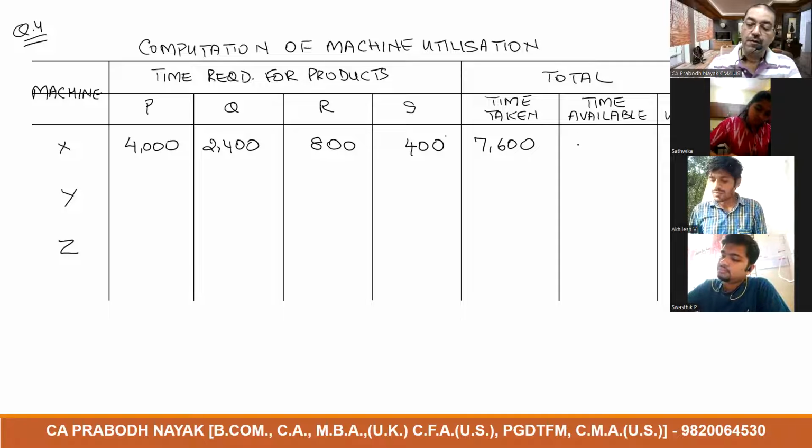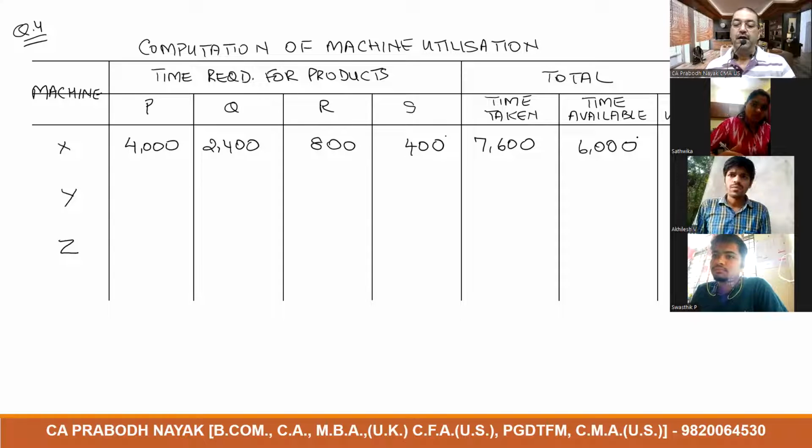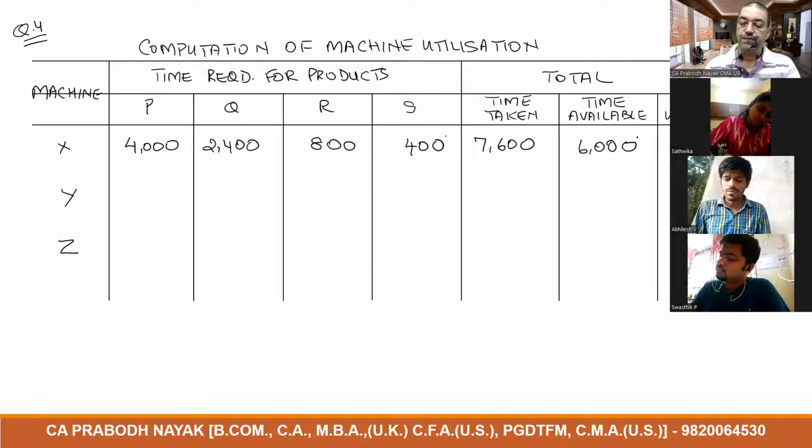How much is the time available per machine? It is 6,000 hours. Do the machine utilization: 7,600 divided by 6,000 into 100. Take up to 2 decimals. We get 126.67%.